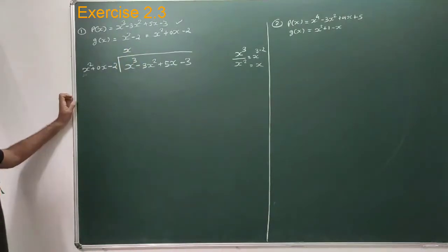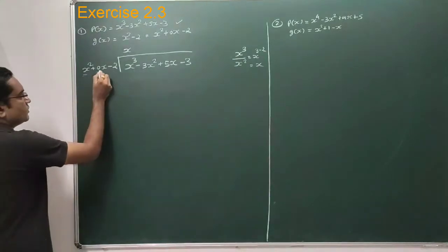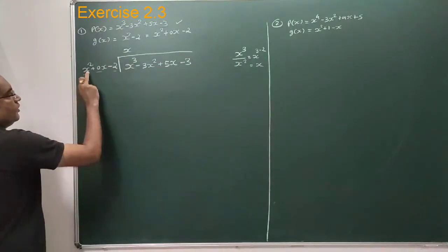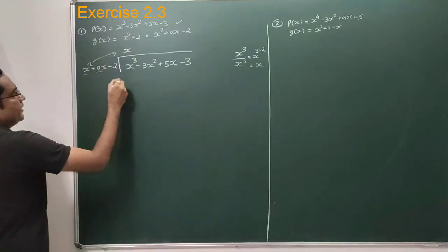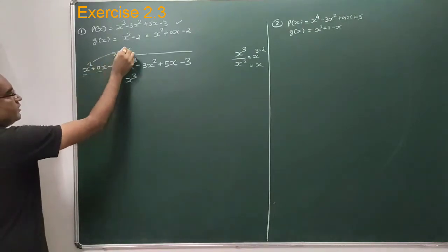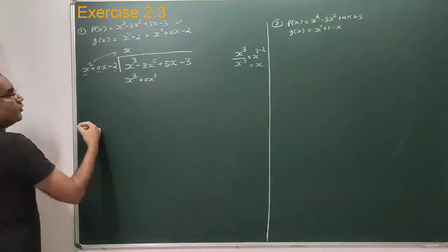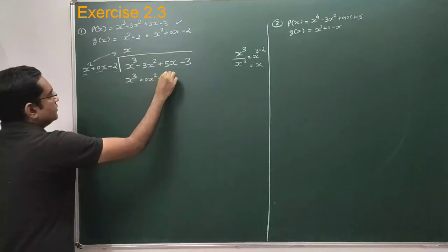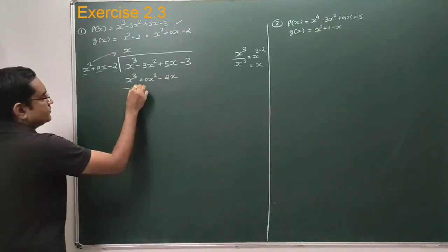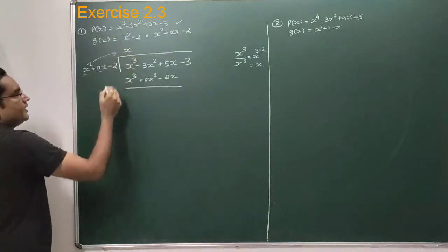Clear? Now you have to multiply all these three terms of the divisor with this x. So x square into x is x cube. Now 0x into x is plus 0x square, and minus 2x. Done? Multiply all these terms with the x.